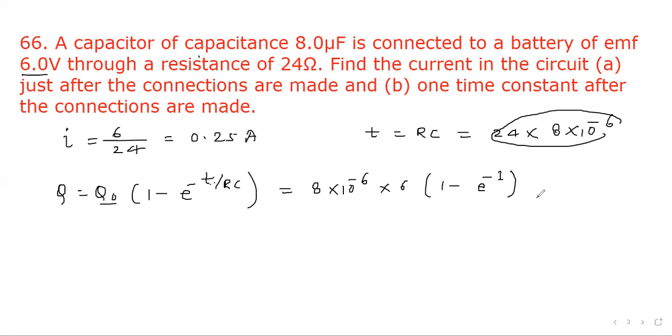And if we evaluate, 1 minus e to the power minus 1 will be equal to 0.63. So 8 into 6 into 10 to the power minus 6 into 0.63. So this will come out to be 3.024 into 10 to the power minus 5 Coulomb.